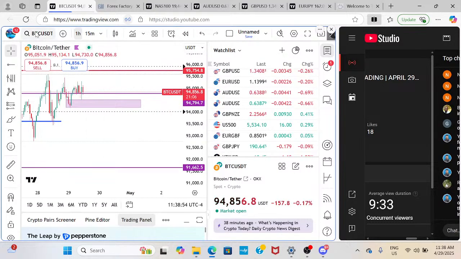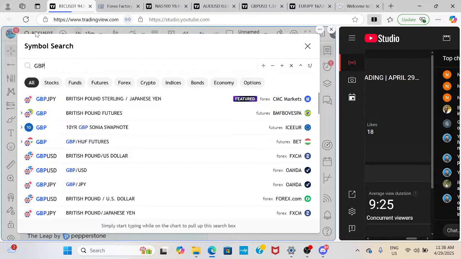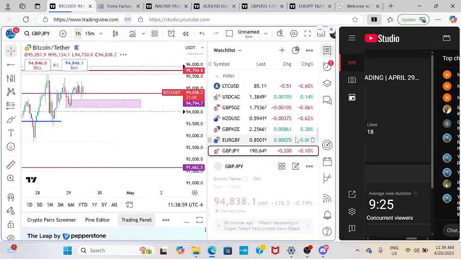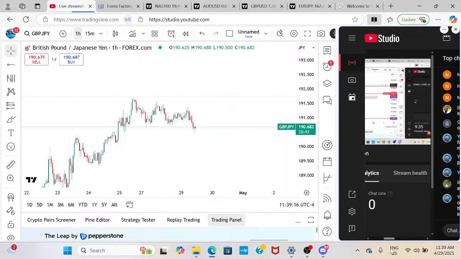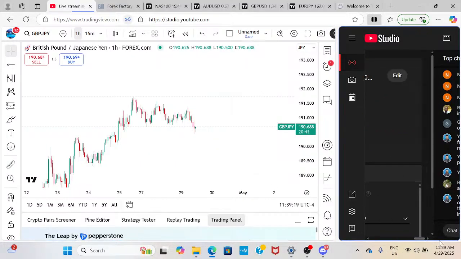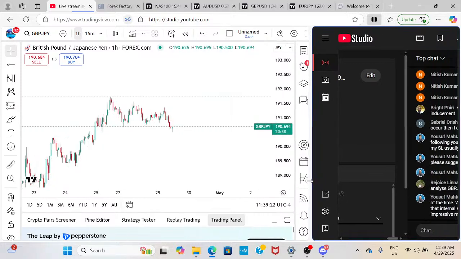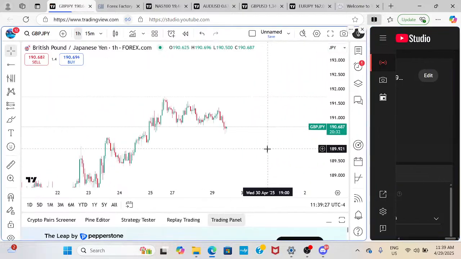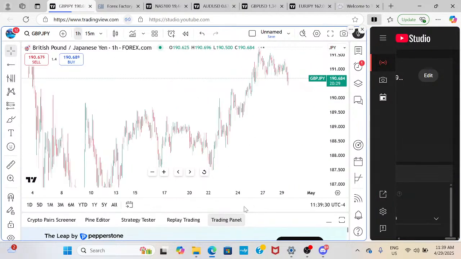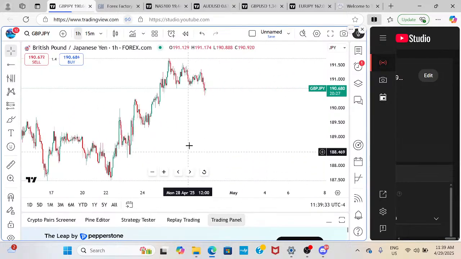So let me bring up the next pair here, GBP JPY. Let's look at this. All right, so looking at GBP JPY, let's see what is happening here.